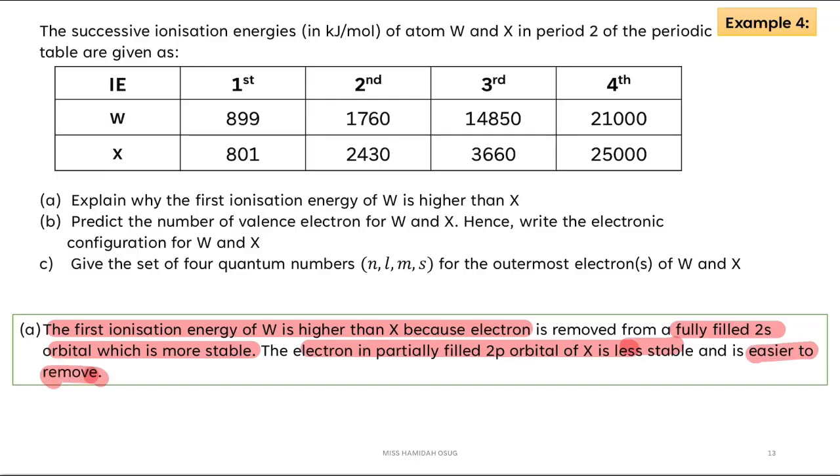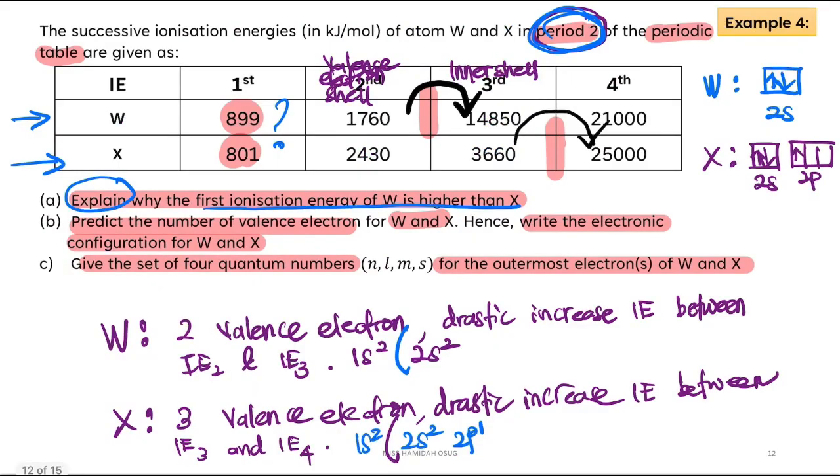Manakala untuk elektron yang pertama di dalam 2p orbital itu, dia partially filled orbital. Jadi less amount of energy is needed to remove that electron. And moreover, bila kita remove itu elektron, yang tinggal hanyalah 2s kan. Jadi X akan jadi lebih stabil. Therefore, the first ionization energy of W is higher than X.